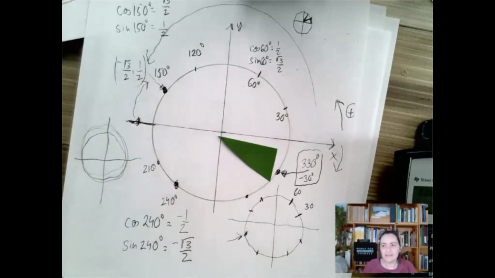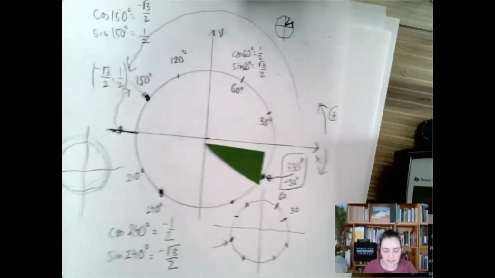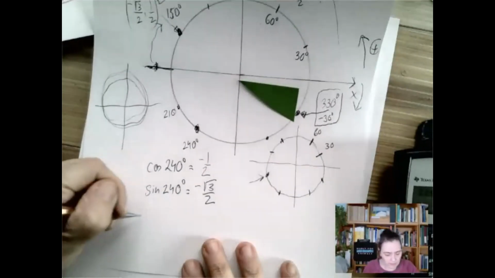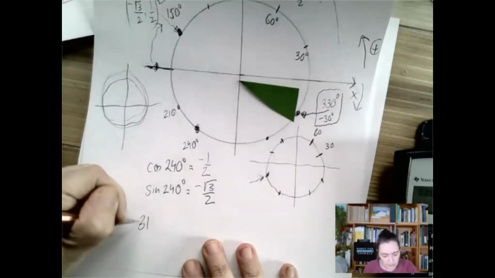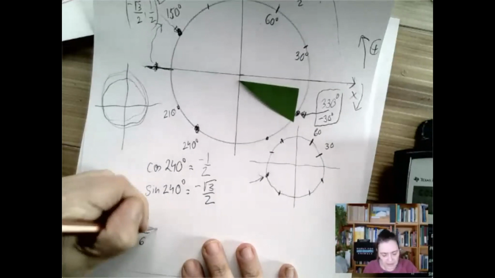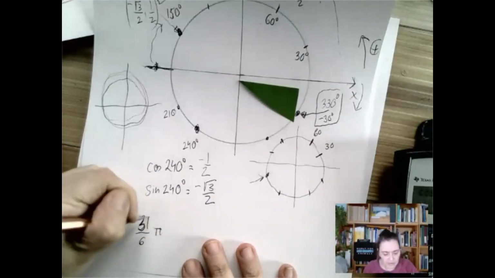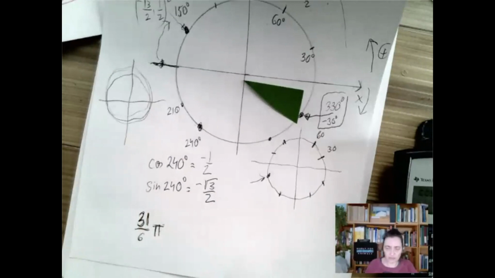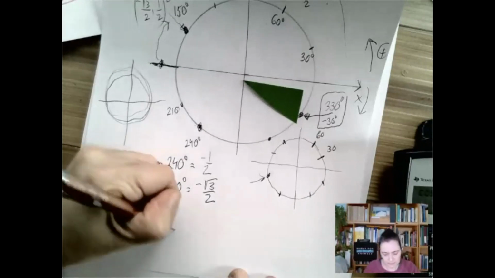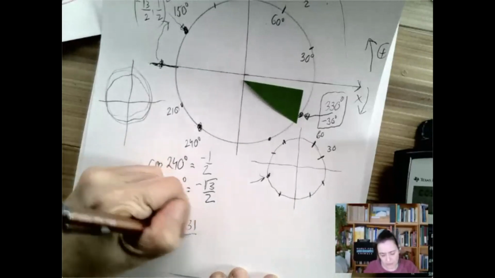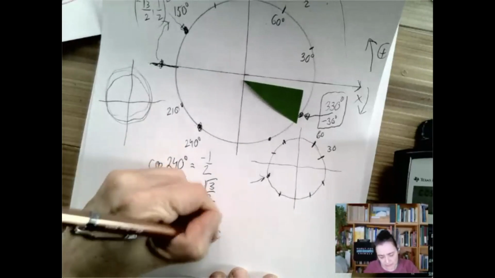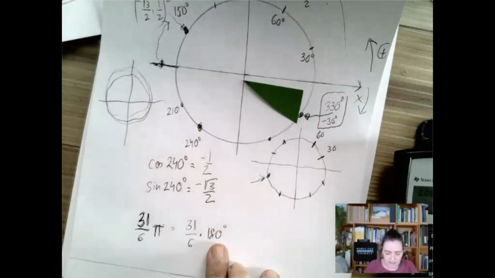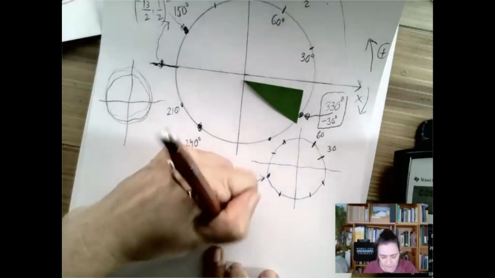Now, if I got something crazy like 31 over 6 pi, and I was asked for the sine, cosine, and tangent of that, I would first go to degrees. I would say 31 over 6 times 180. 180 divided by 6 is 30, right?